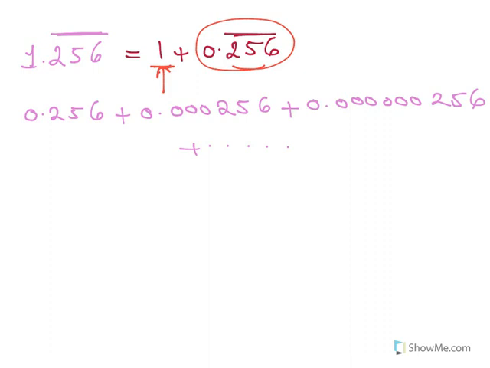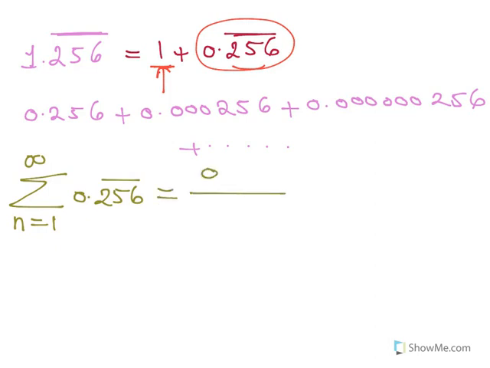Afterwards, you just need to get things organized, so you know that the summation from n equal 1 to infinity of 0.256 that repeats is the first term, which is 0.256 over 1 minus r. And r in this case, you are multiplying by 1 over 1000. So it's going to be 1 over 1000.